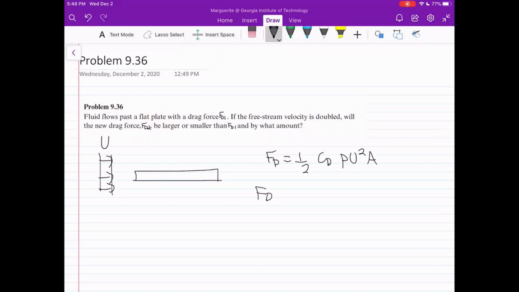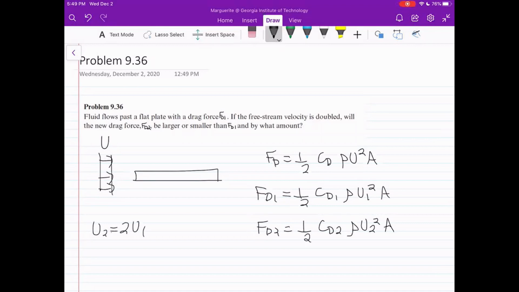So we know FD1 equals 1/2 CD1 rho U1 squared A, and FD2 equals 1/2 CD2 rho U2 squared A. The problem told us that U2 equals 2 U1, so we can plug that in. We're going to assume it's the same fluid, so our density will stay the same. It's the same plate, so our area is going to stay the same. So the only thing we need to find out here is CD2.